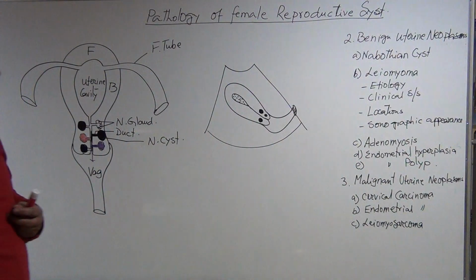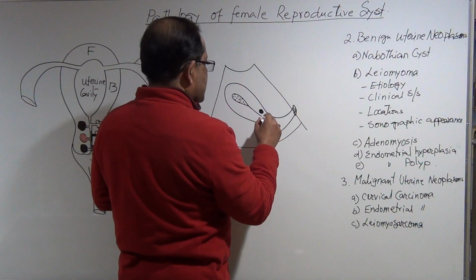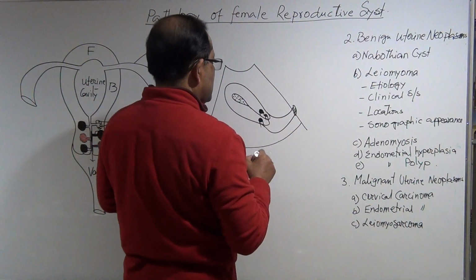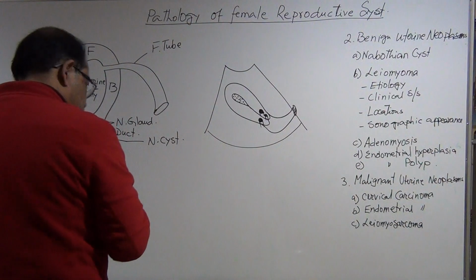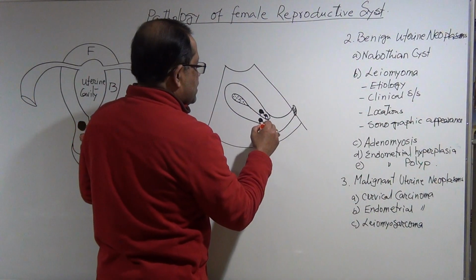It is a simple cyst, and it produces the edge refracting shadow, and it will produce posterior enhancement.